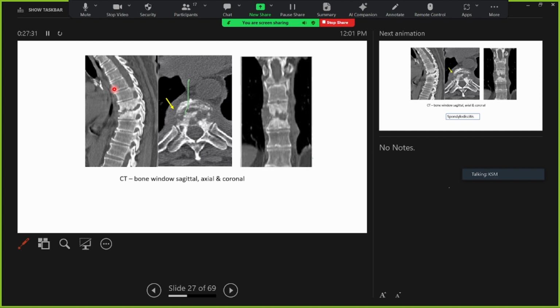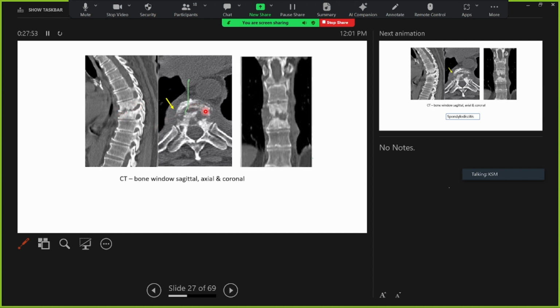And what is this? There is some destructive changes noted in two vertebrae. You can't say exactly what number, because the cervical or this lumbar region is not involved, but two vertebral bodies are involved with sclerotic changes, irregular end plates with narrow disc space.